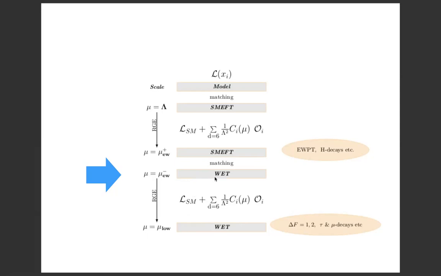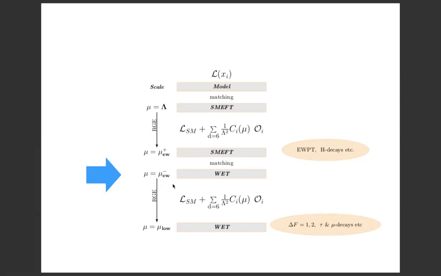At the electroweak scale, we translate them to the JMS basis, because the matching of SMEFT onto WET is done in the JMS basis. To make this connection of WET to SMEFT, it's good to make a transition to the JMS basis at the electroweak scale.